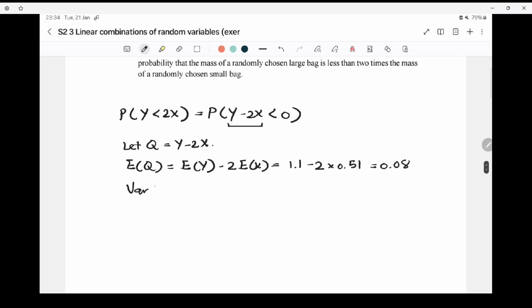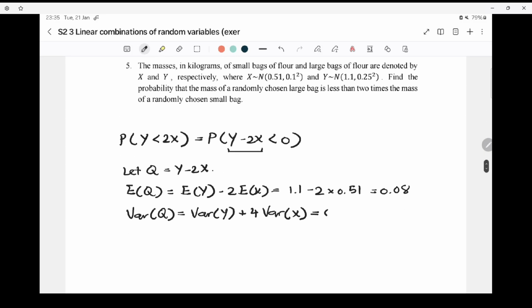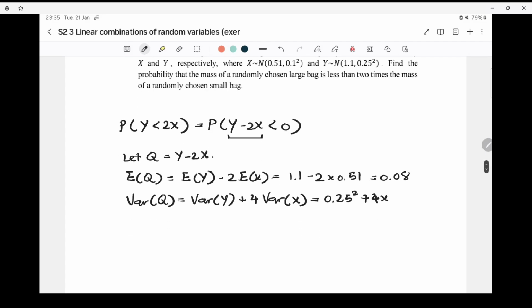The variance of Q would be equal to the variance of Y plus 4 times the variance of X. So this will be 0.25 squared plus 4 times 0.1 squared.